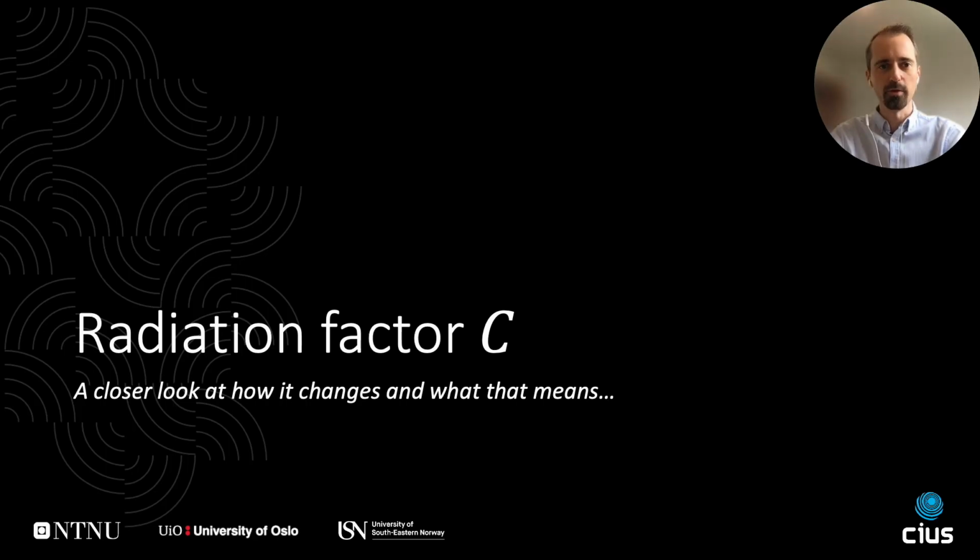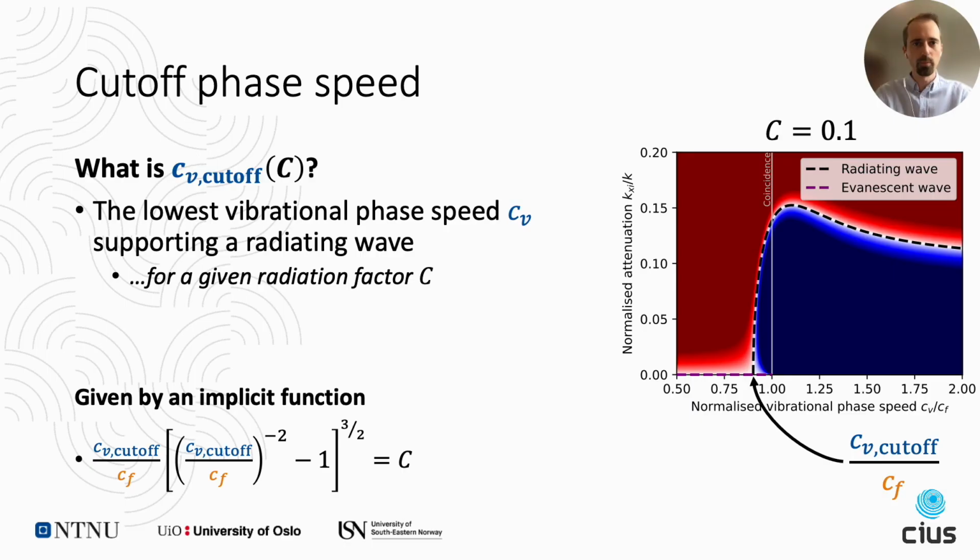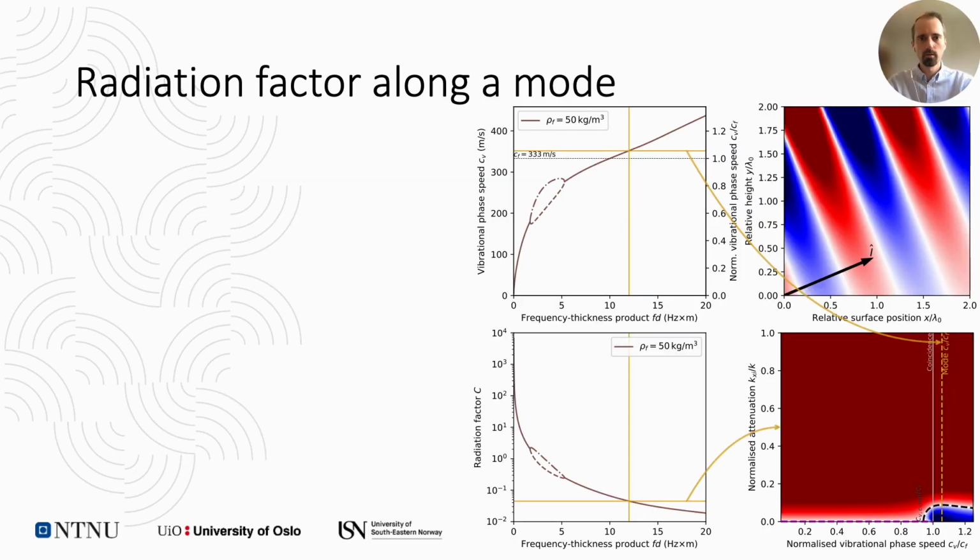Next, let's look at the importance of the radiation factor C from our radiation model. But first, let's define the cutoff phase speed. This is the lowest vibrational phase speed that supports a radiating wave for any given radiation factor C. Now, let's look at what happens as we follow an A0 Lamb wave down with frequency.